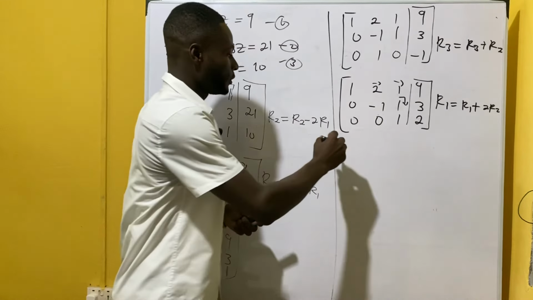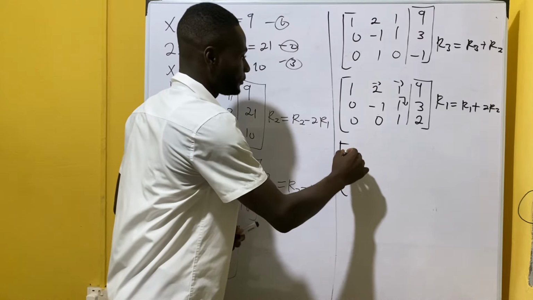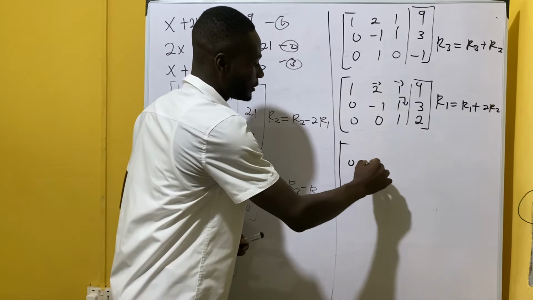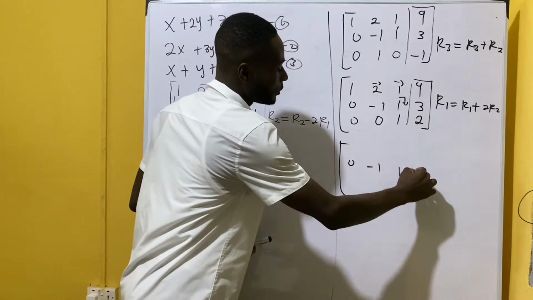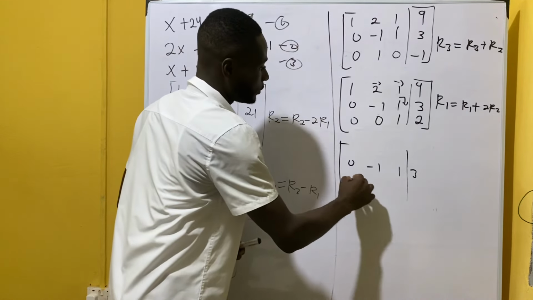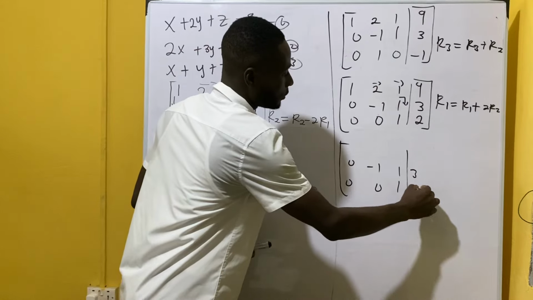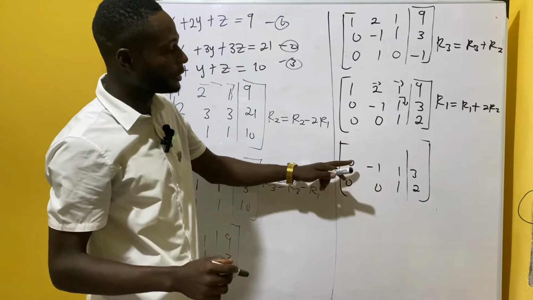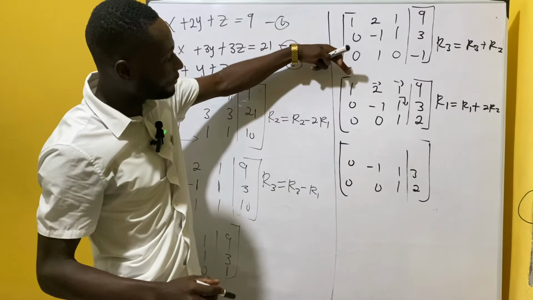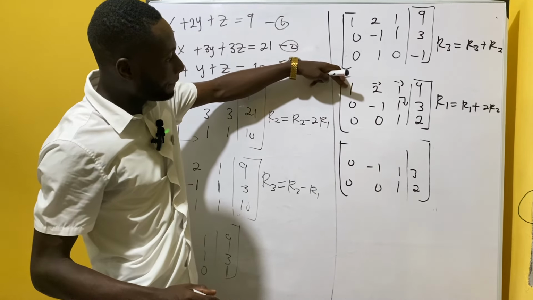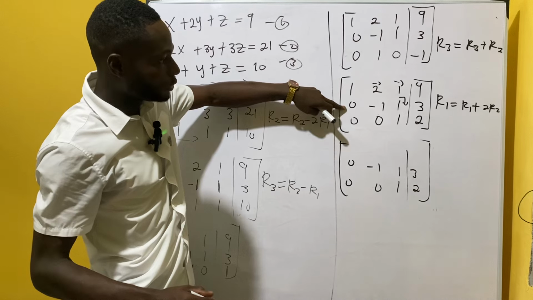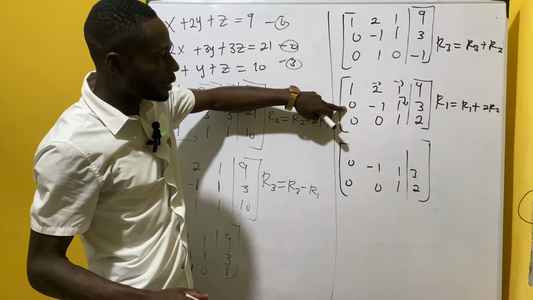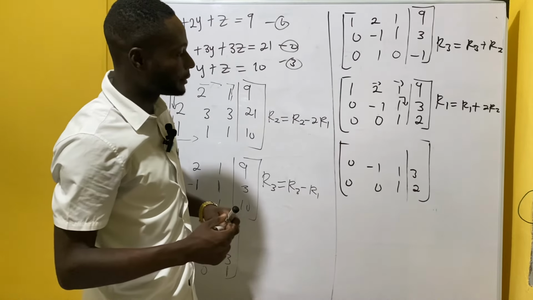So we have this here. We have to maintain the second and the third row. So we are maintaining the second and the third row. So we have 1 plus 2 times row 2, and that is 3.